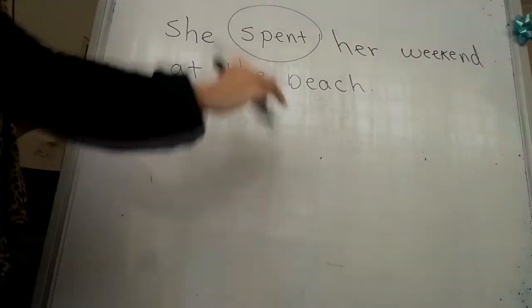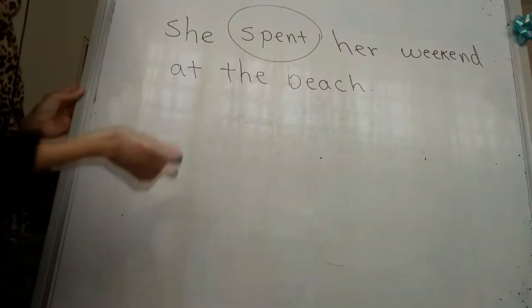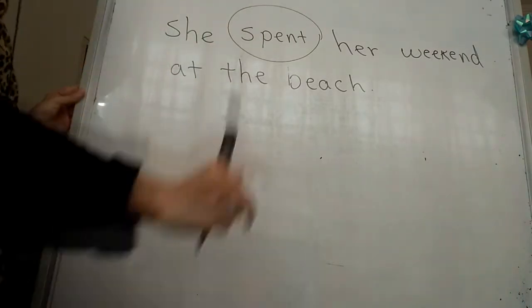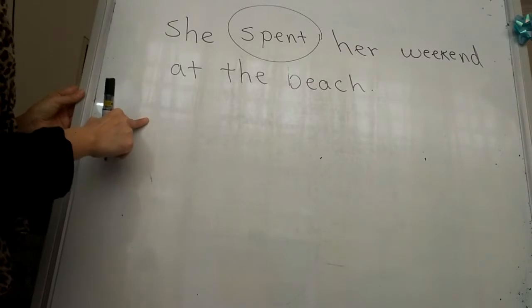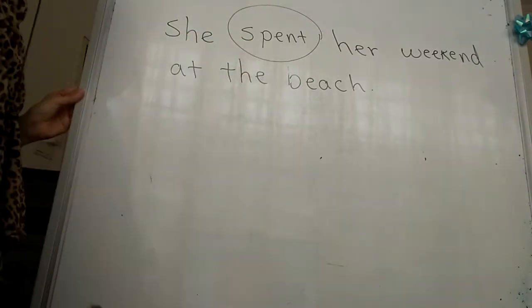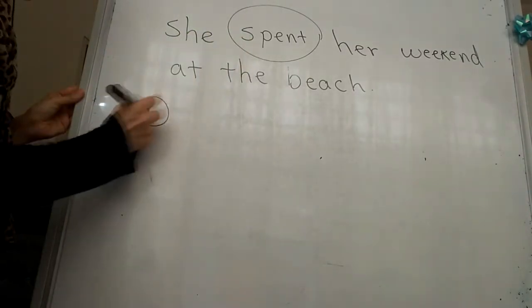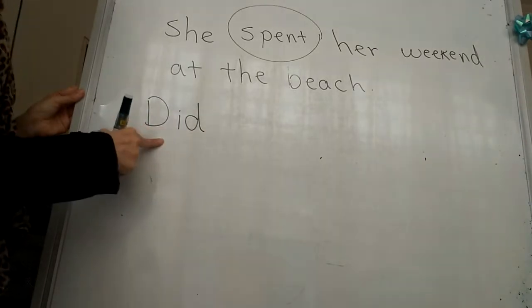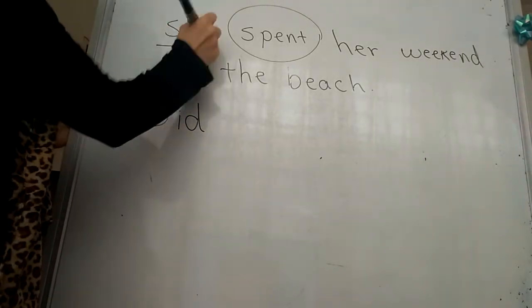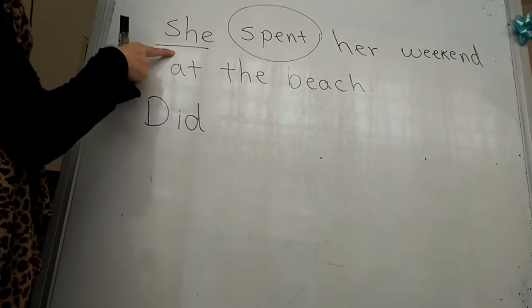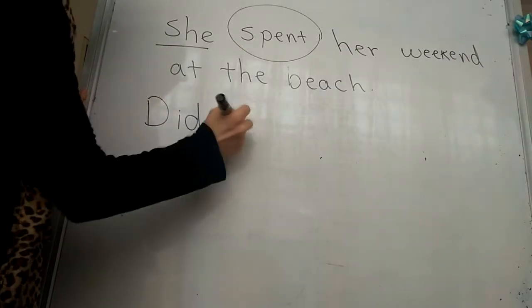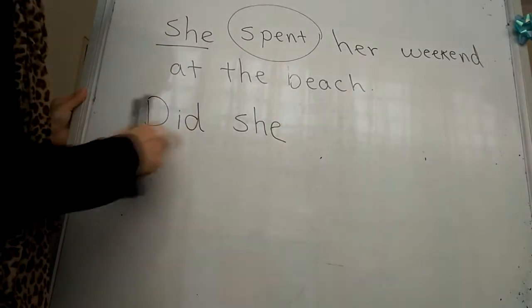Then, after identifying the form of the verb, you need to start with the question. So here spent is simple past. Then we use did. After that, we look at the subject. The subject here is she. Then write she. Did she.